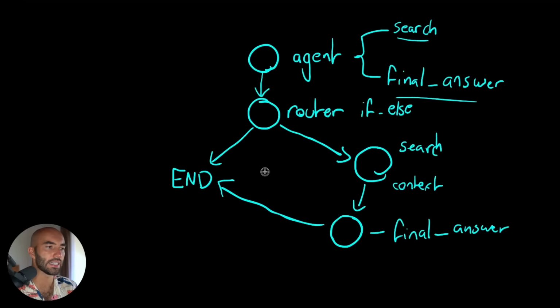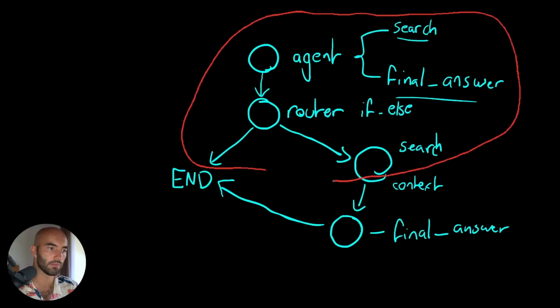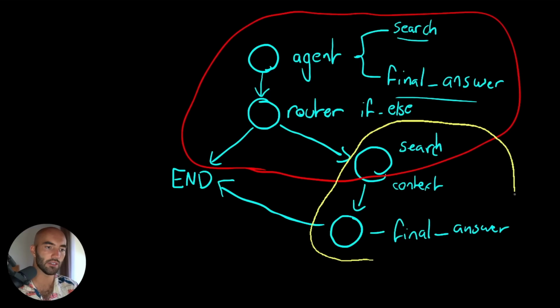So basically all of this. But we also have this component here, so these connections. Okay, so search tool, we have defined this, but we do need to define this final answer LLM.